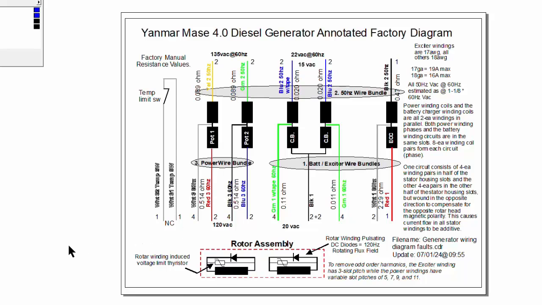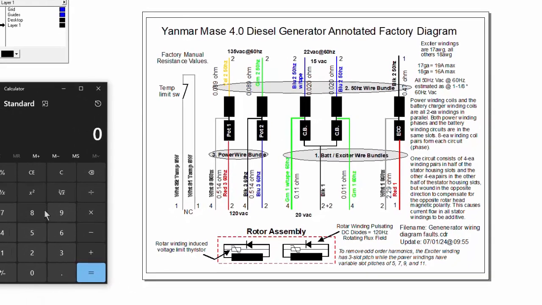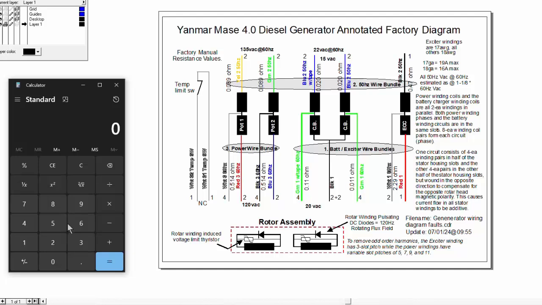So we take the ratio, we take our 0.11, divided by twice that, 1.024, plus 0.11, which is 1.134.